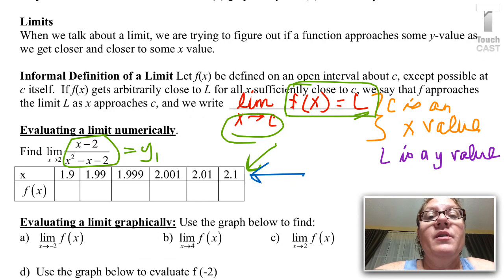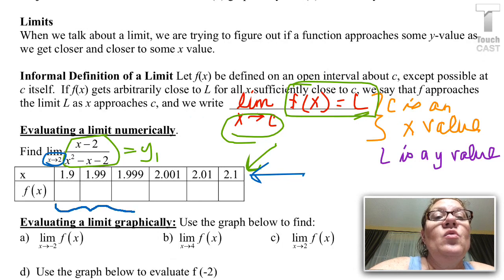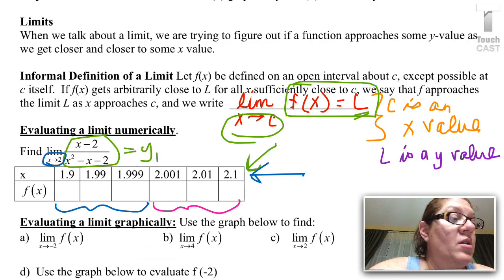So on this problem, since X is approaching 2, we're interested in what's happening on the graph as we approach 2, and so we're going to look at some numbers from the left that are getting super close to 2, and then after we've looked at those, we'll look at some numbers from the right side of 2 as we get super close to 2. So I want you to type those into your graphing calculator, and round your answers to 3 decimal places.